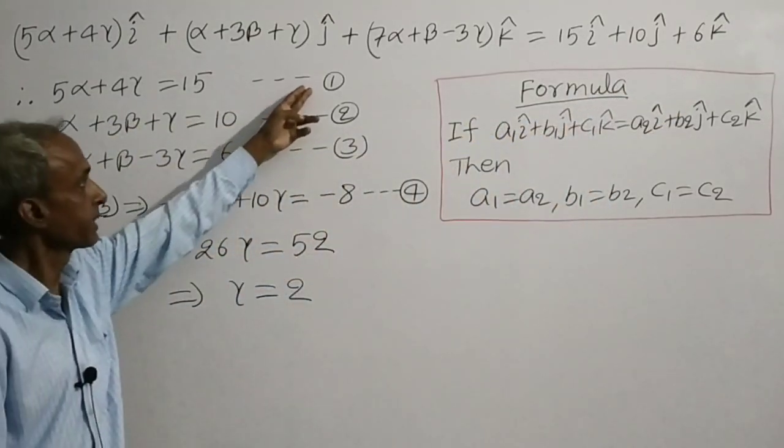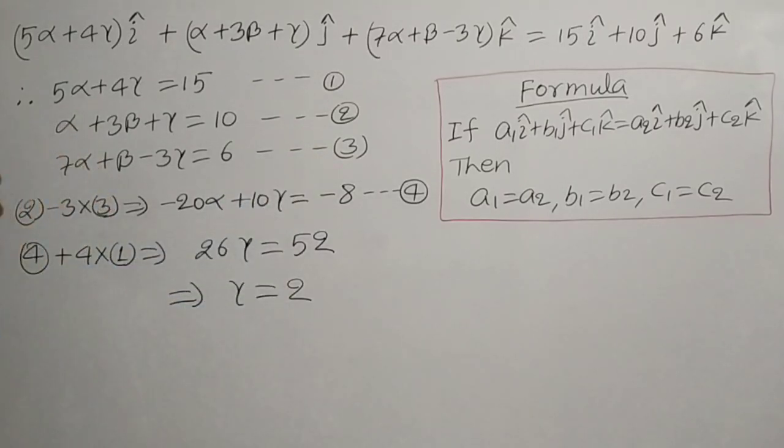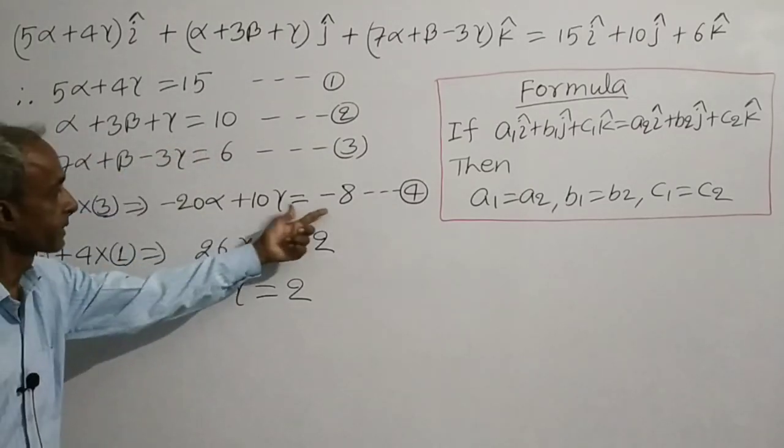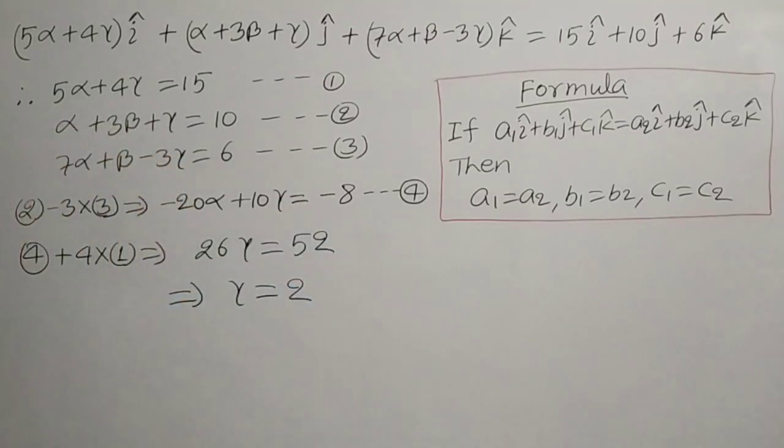We suppose this equation number 1, this number 2, this number 3. Multiply both sides of 3 by 3 and subtract it from equation 2 and get this. Suppose this is equation 4.